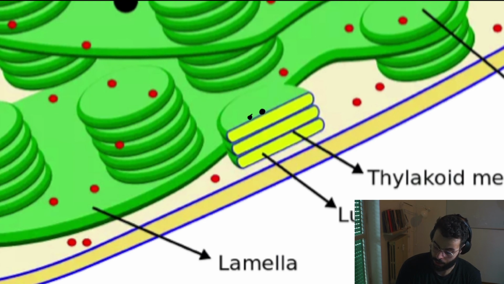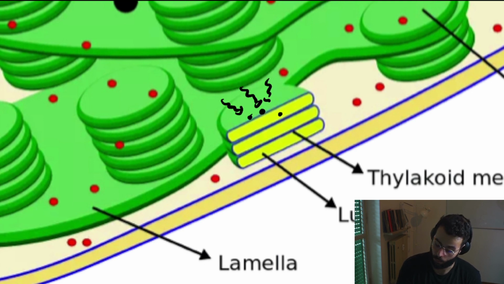The excitation of these molecules, the charging of them using the power of the sun, is going to excite electrons found inside the structure. And once they are excited, once they go back to their relaxed state, they are going to release energy. This energy is going to be used in order to drive protons against the concentration gradient.